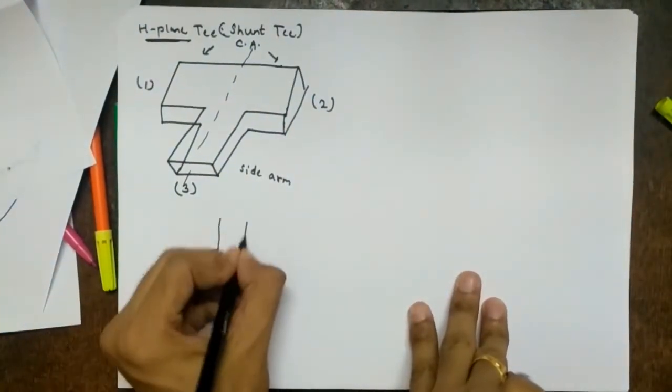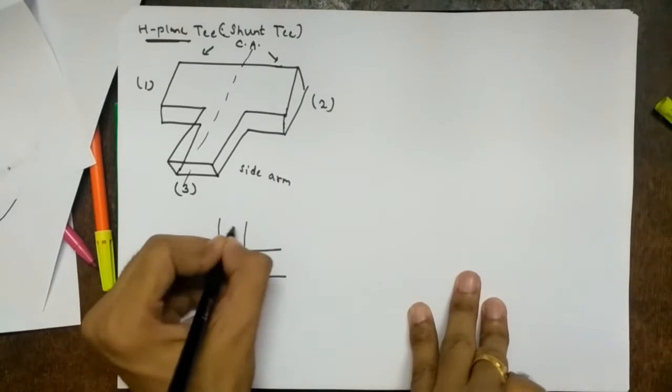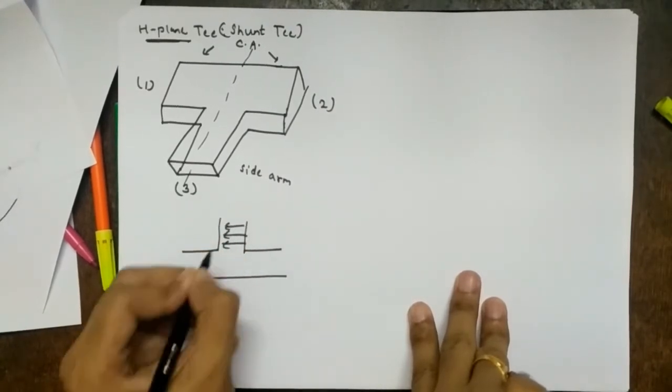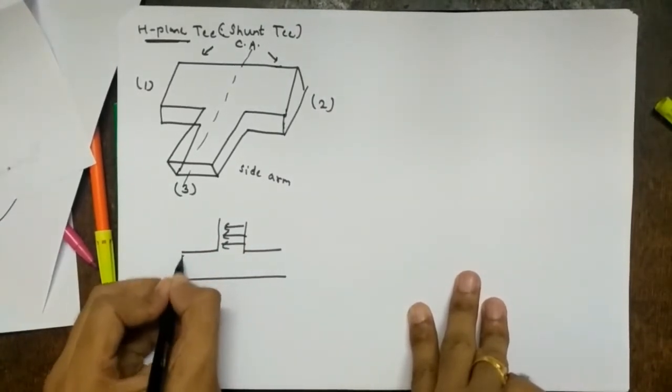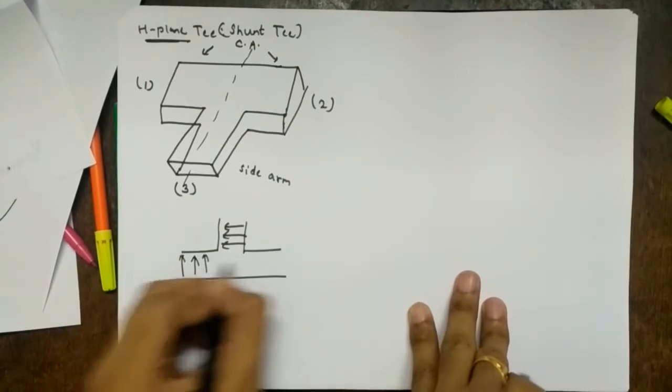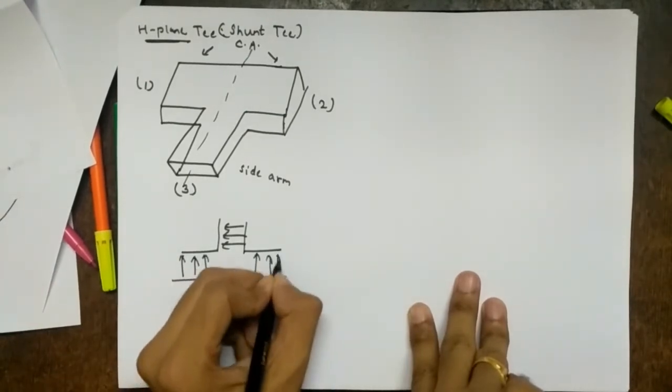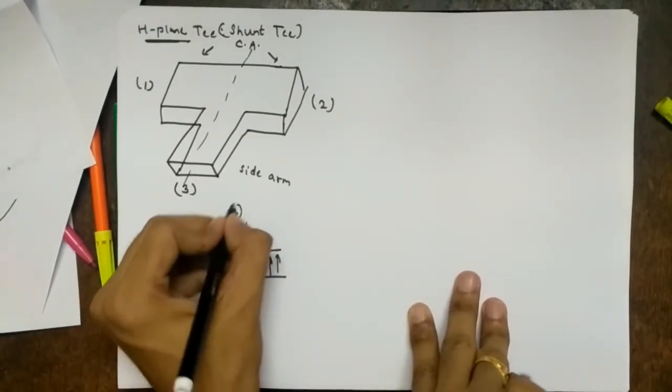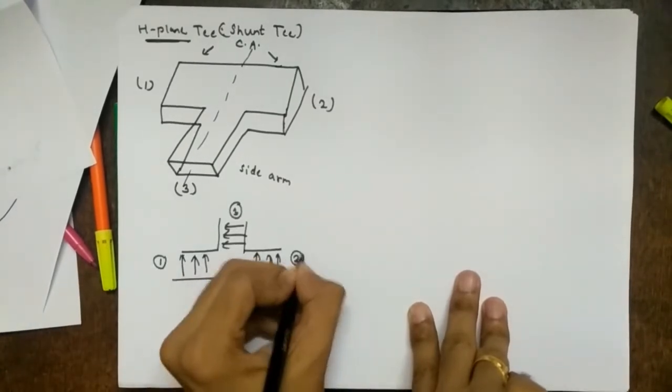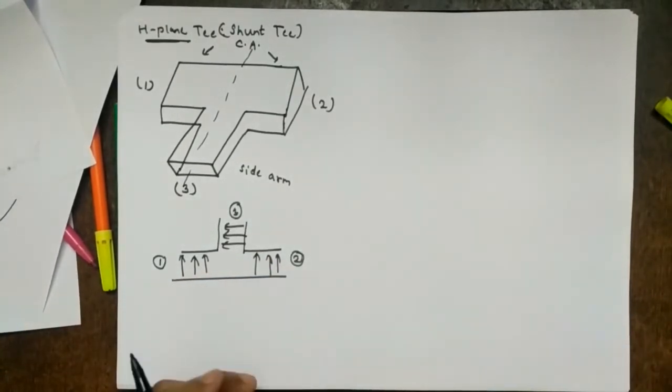Its operation is very simple. Again I give the input from here. So in this case you will again get outputs in this way, but they will be in phase. So this is port 3, port 1, port 2. So that is one of the differences between E plane and H plane T.